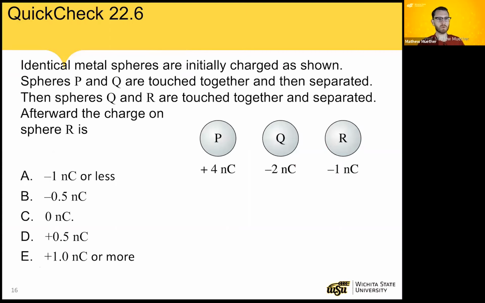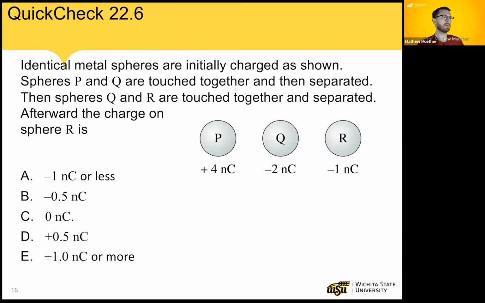And then I'm going to perform a series of operations. I'm going to take sphere P, touch it, make physical contact between P and Q, and then separate those 2 spheres, and I'm going to take Q afterwards and make physical contact with R, and then re-separate them. And I want to know, what charge am I left with on sphere R after these operations? Okay. You can see your choices, A, B, and C here.